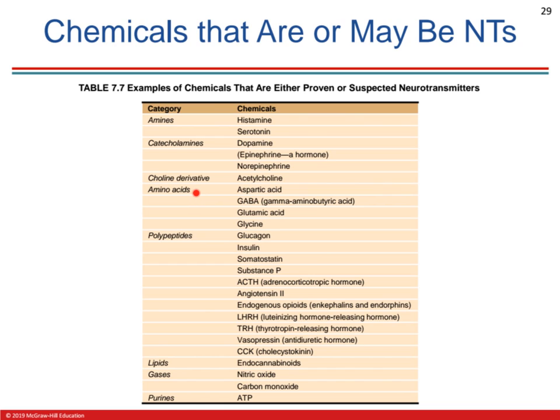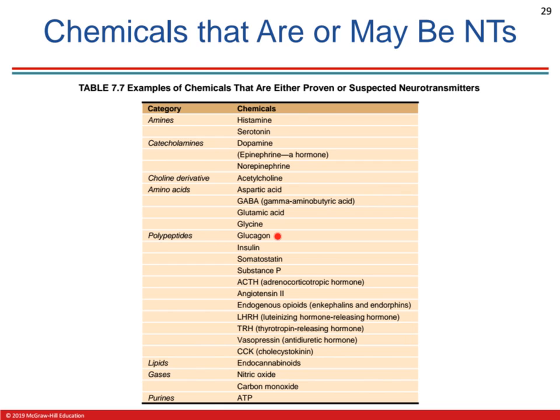There are amino acids that act as neurotransmitters. We talked about GABA, for example, and glutamate, which is the same as glutamic acid. Those are identical. And we talked about glycine. So those are amino acids. We didn't really talk about aspartic acid. That's another one. And then the list is almost endless in terms of polypeptides. Remember, a polypeptide is a chain of a few amino acids.